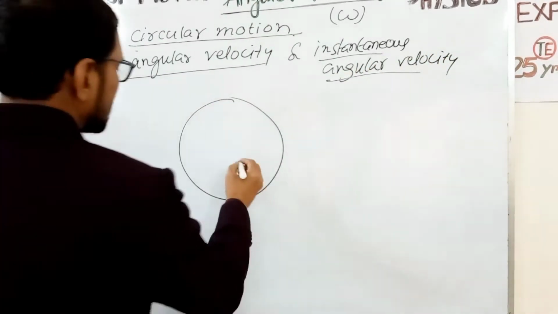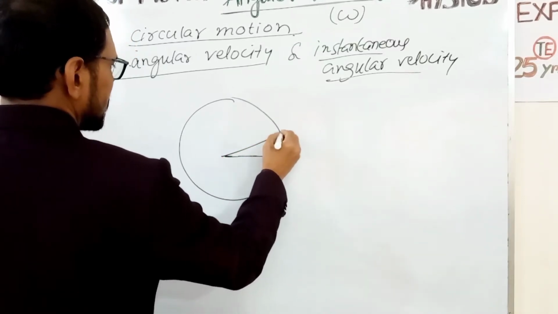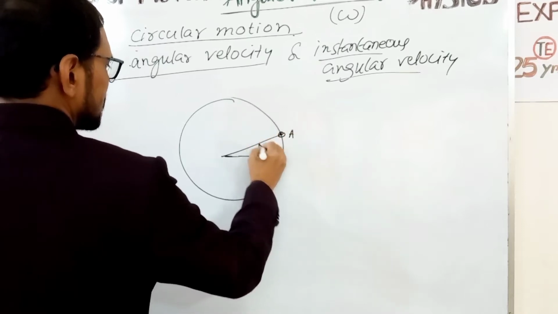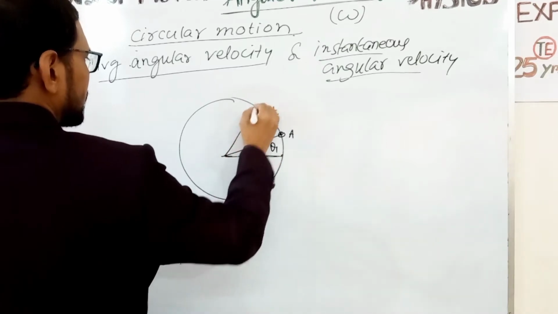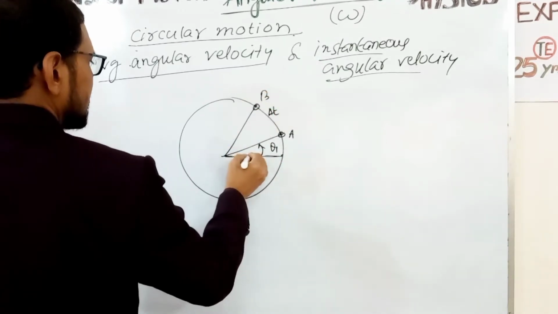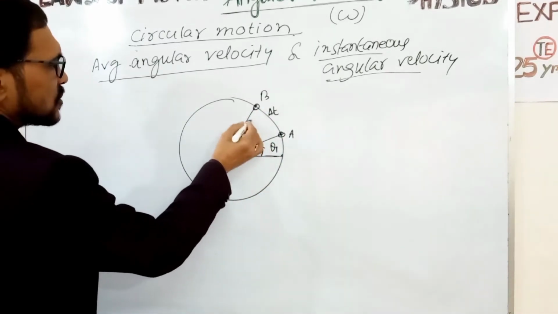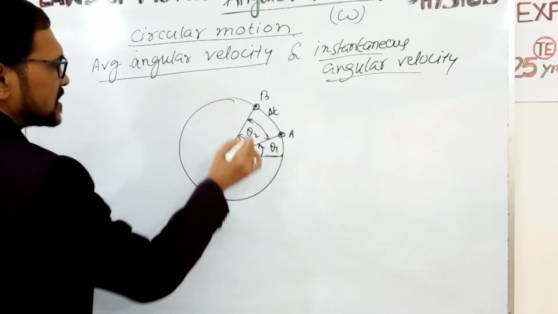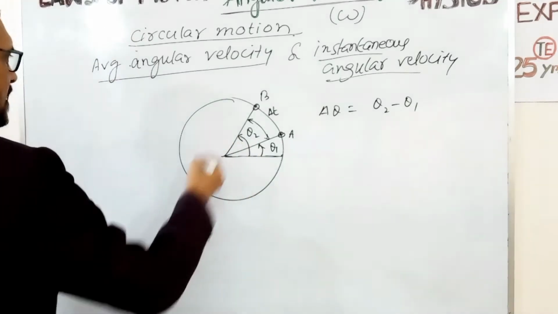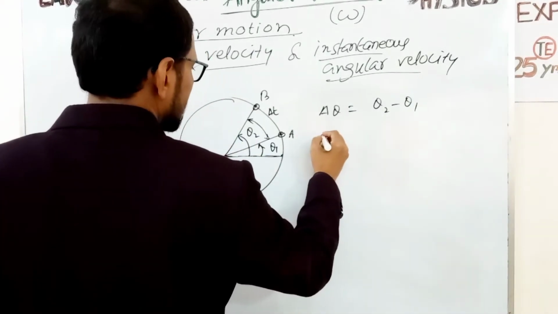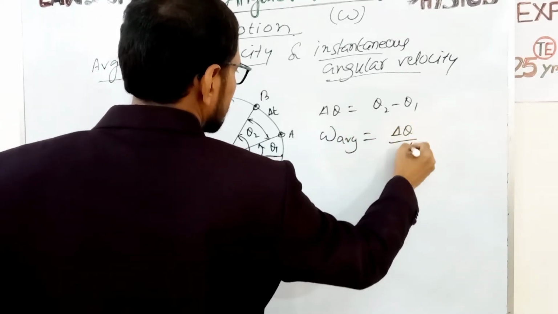In a circular motion, suppose a body starts from here and reaches point A. This angle is theta 1, and then in del t seconds the body reaches point B, and this angle is theta 2. Now in del t seconds, what is the angle produced by the body? The angle produced is del theta equals theta 2 minus theta 1. Now del theta by del t is called average angular velocity. So average angular velocity is defined as del theta by del t.